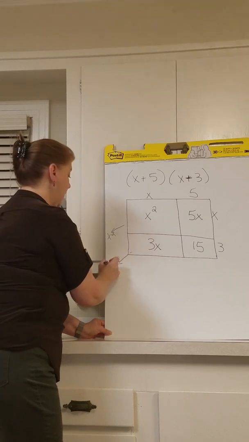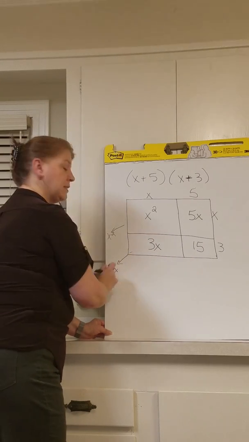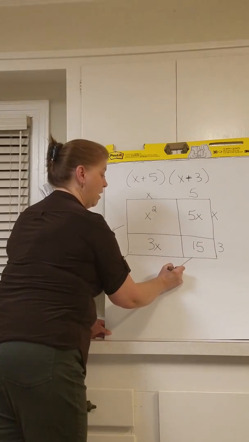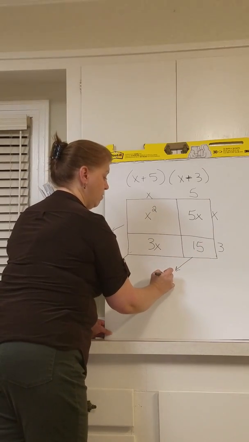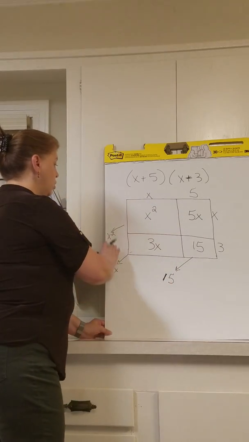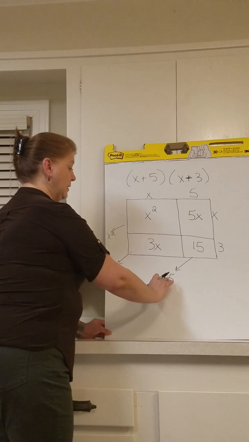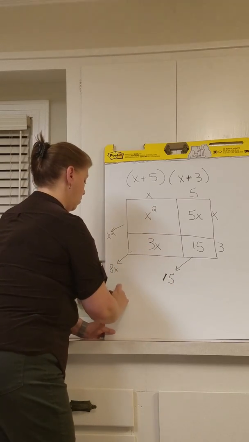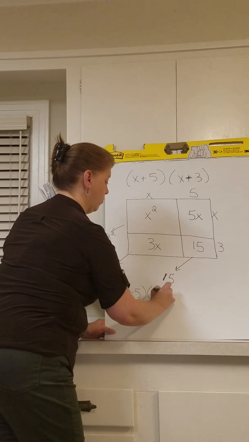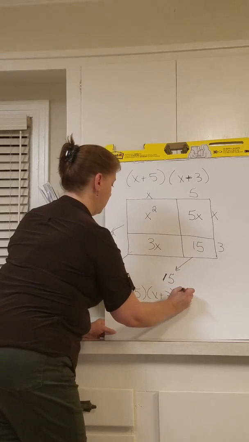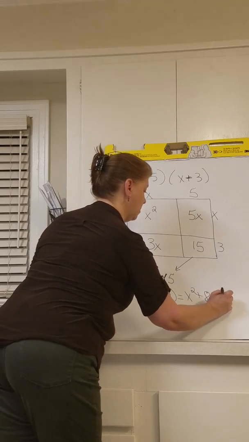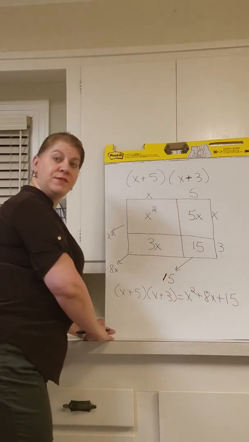So together we have 8x, because they're similar terms, they're like terms. Then we have 15 here. Okay? So we have x squared and 8x and 15. So x plus 5 times x plus 3 equals x squared plus 8x plus 15.